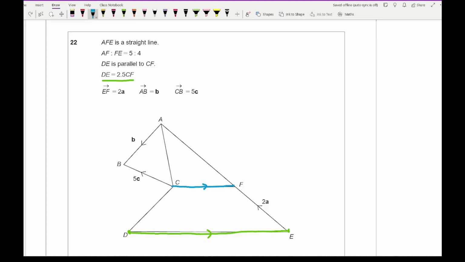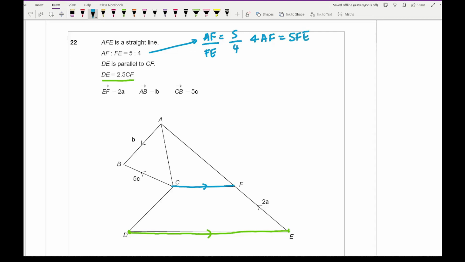So here we know that A to F, using this, is equal to 5 parts. So A to F, F to E equals 5 to 4. So we know that AF equals 5 FE.